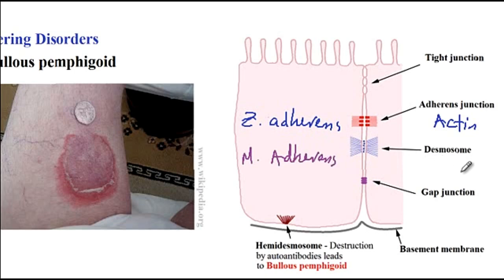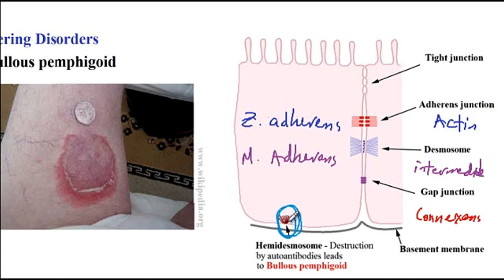The function of desmosomes is to join intermediate filaments in two adjacent cells. Next we have the gap junctions, which are made of connexons that allow direct communication between the two cells. Finally we have the hemidesmosomes, which function to join the intermediate filaments to the basement membrane. Once again, the intermediate filaments are being joined to the basement membrane by hemidesmosomes.